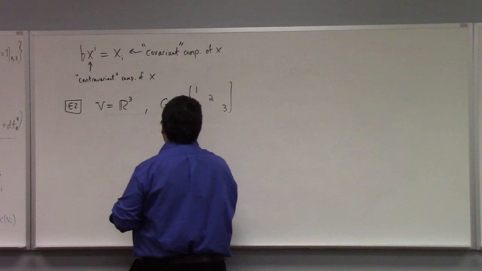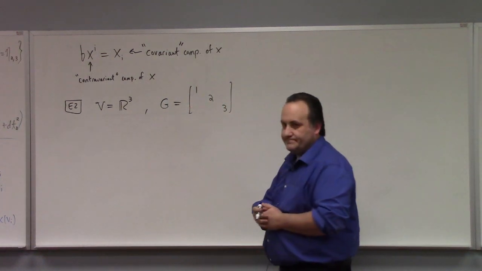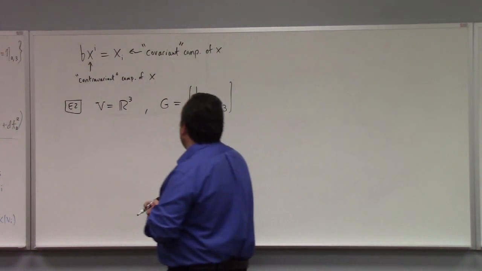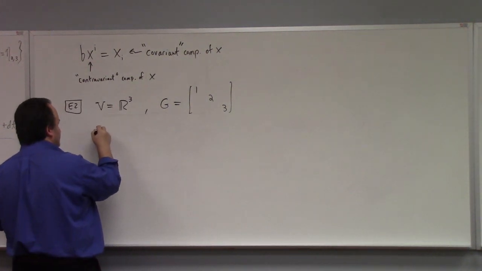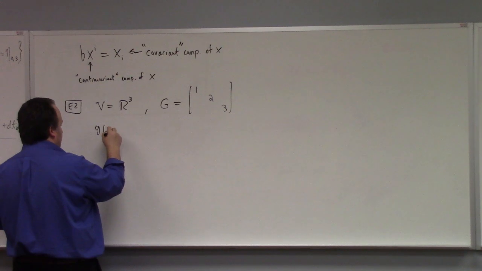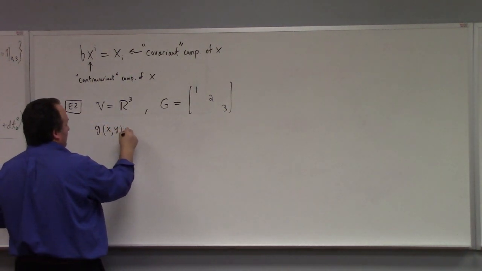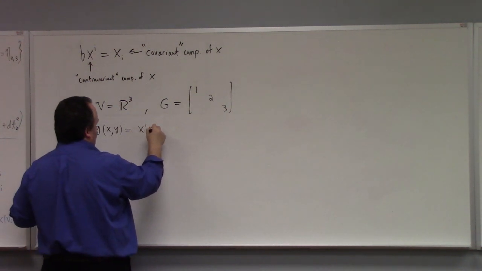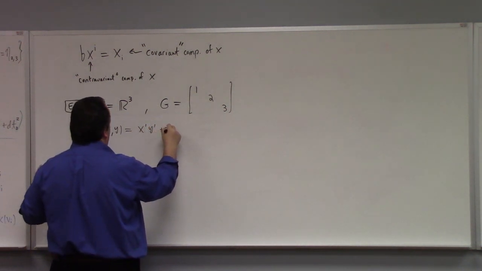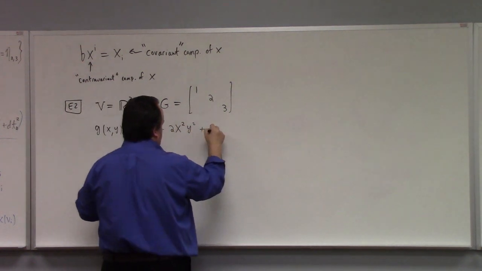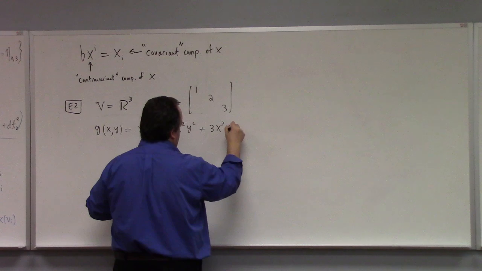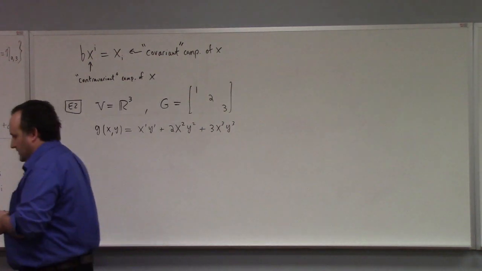Explicitly, G of x comma y is equal to x1 y1 plus 2 x2 y2 plus 3 x3 y3. That's the formula for this.